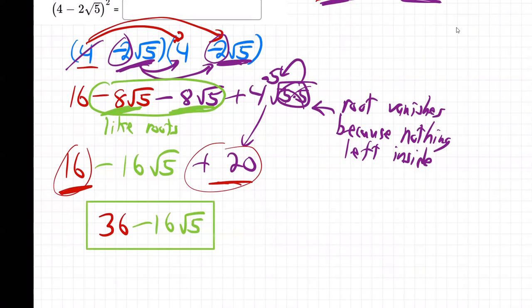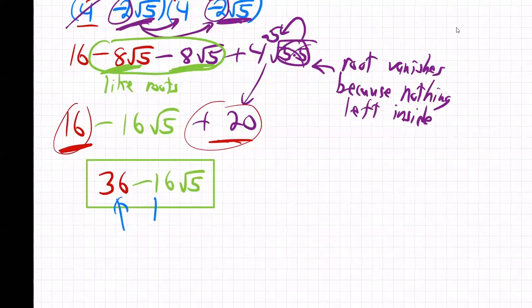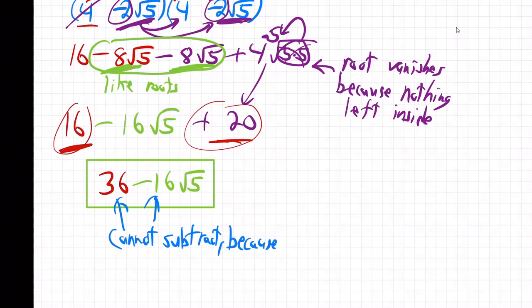Now, why don't we do more? Because we can't. You cannot subtract those. Why not? Because remember, for roots, it's just like letters. You can only add and subtract like roots.